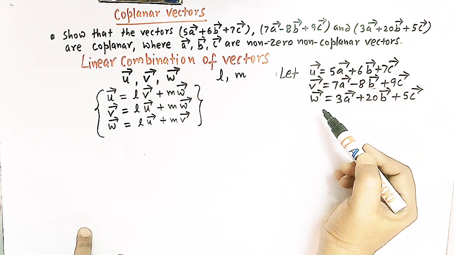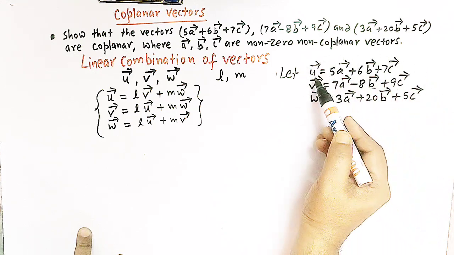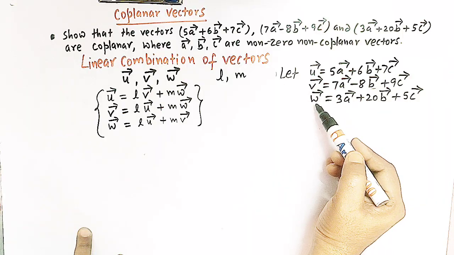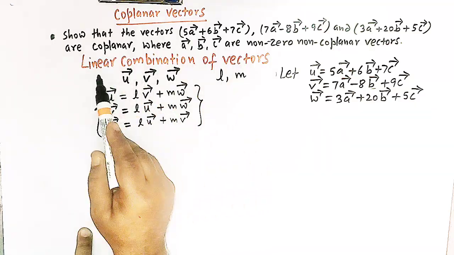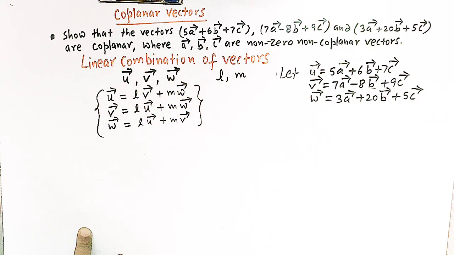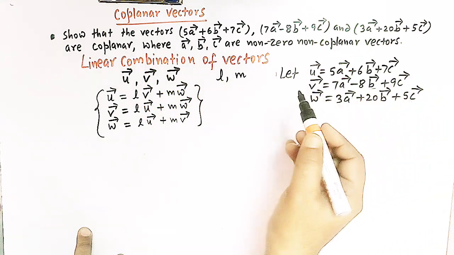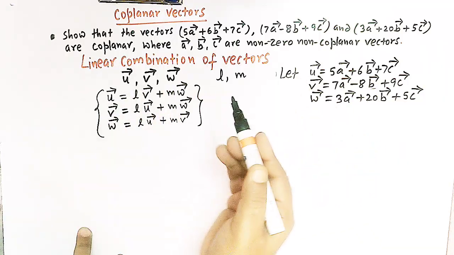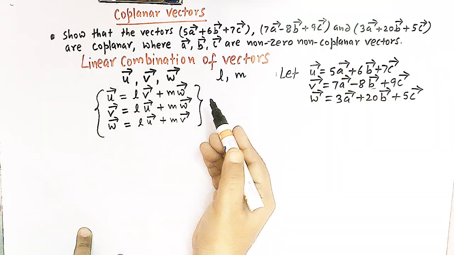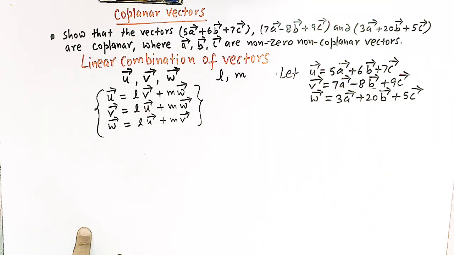And now we'll prove that these three vectors are coplanar vectors with the help of this concept, that is linear combination of vectors, right? So if we are able to express any of these three vectors as a linear combination of the other two vectors, then these three vectors are said to be coplanar vectors. And remember, three vectors are said to be coplanar vectors if they lie on the same plane.